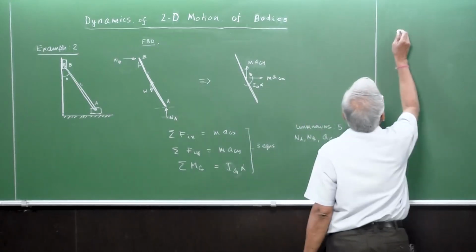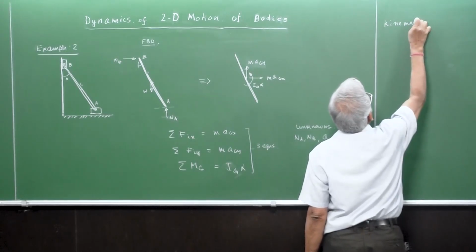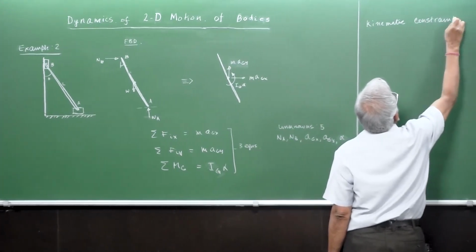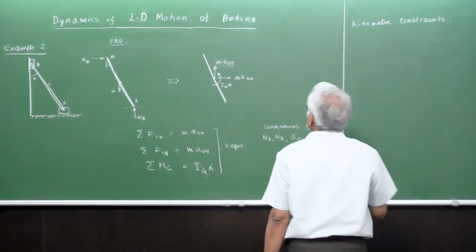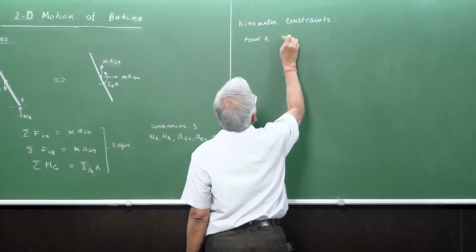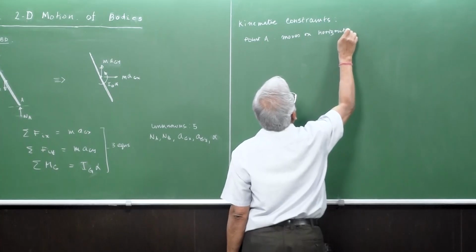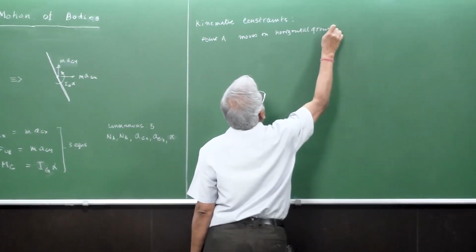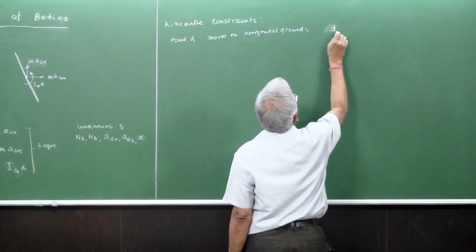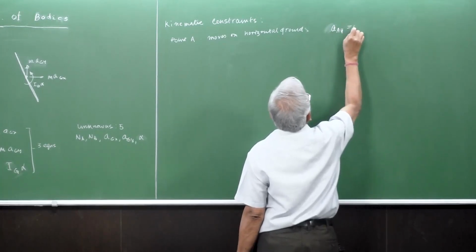So the constraints are kinematic constraints. The kinematic constraints are: point A is constrained to move on horizontal ground, which means that acceleration of A has an x component, but its y component is 0.